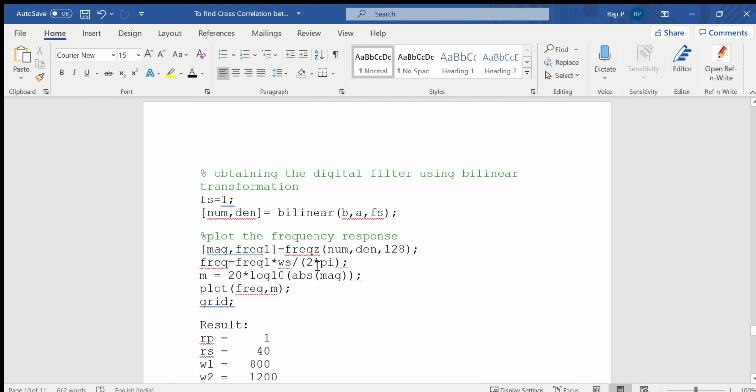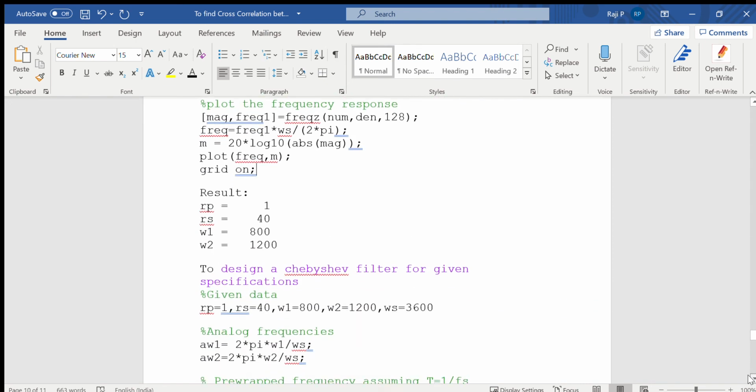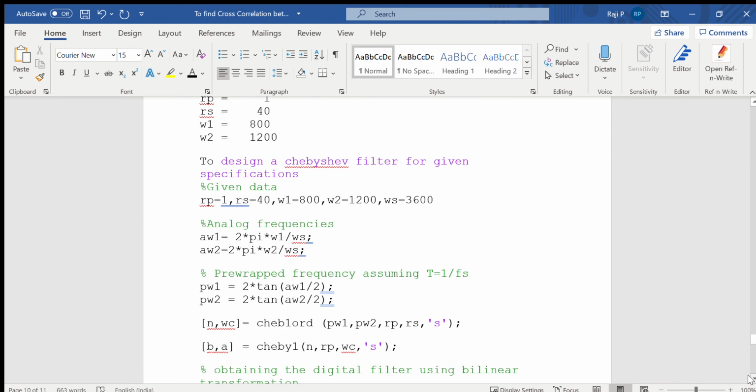So here convert it back, and in order to convert the magnitude into decibels, use 20 into log of abs, which gives the absolute value of the magnitude, and plot, and then use the grid on function. Once this is done, this will generate the Butterworth filter.